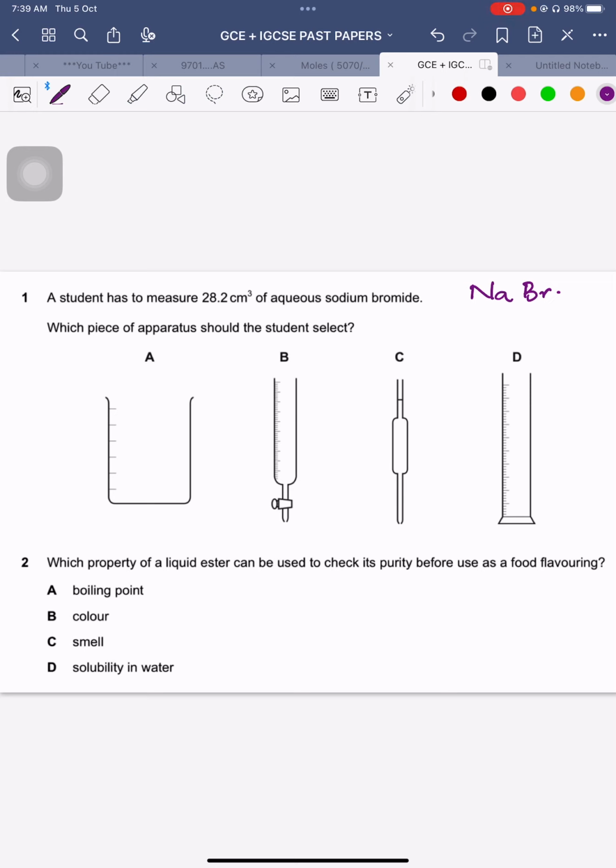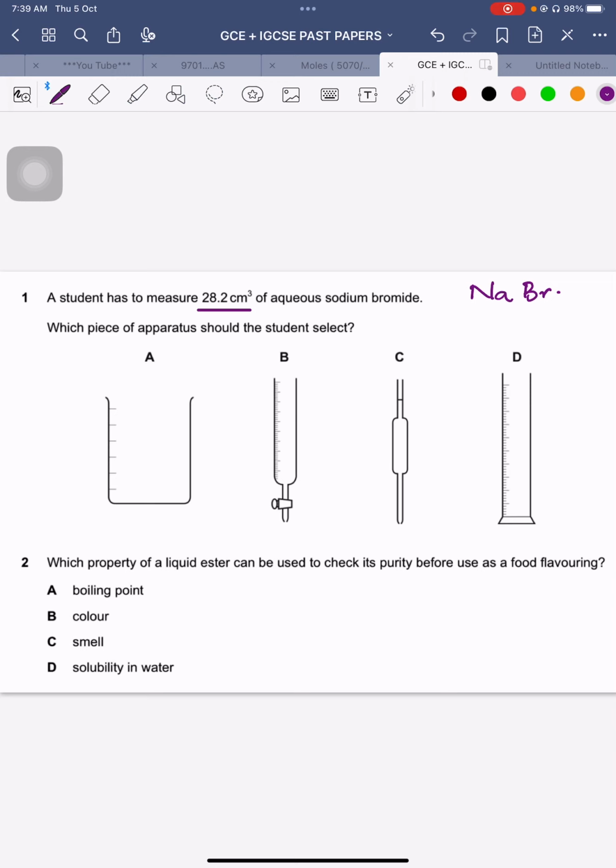Which piece of apparatus should the student select? 28.2 cm³ is a very exact value. It is not 50 cm³, not a round figure, not a whole number. It is a decimal figure.